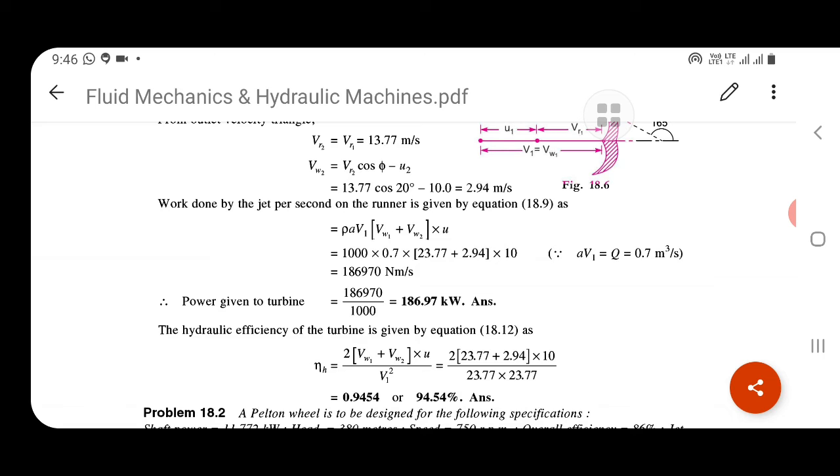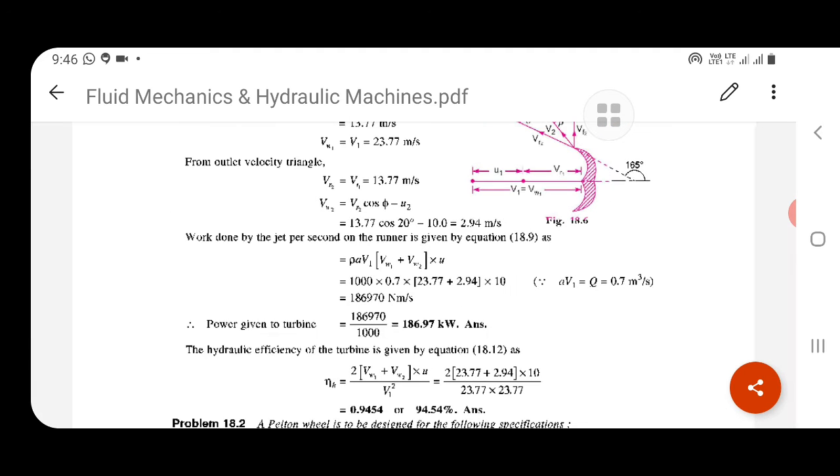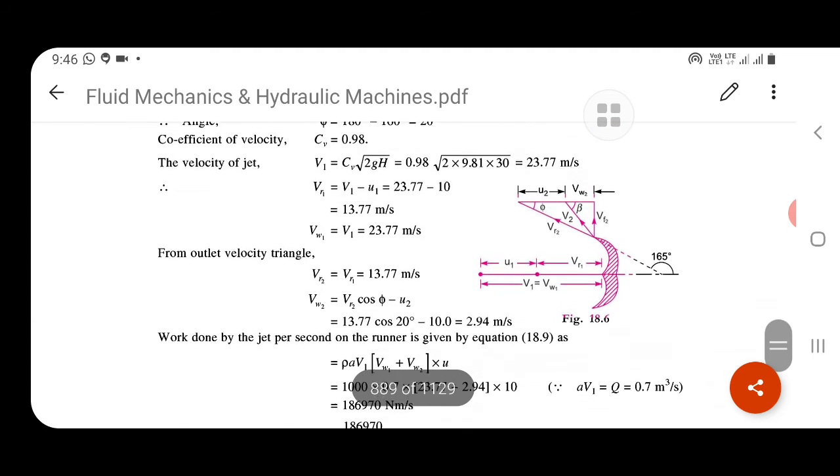With the help of that, 2 into 23.77, put the value of Vw1, Vw2 and u. We get hydraulic efficiency 0.9454. So in this way we calculate the example. So write down the example.